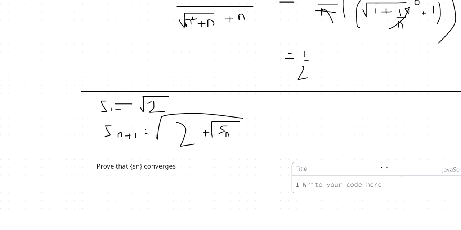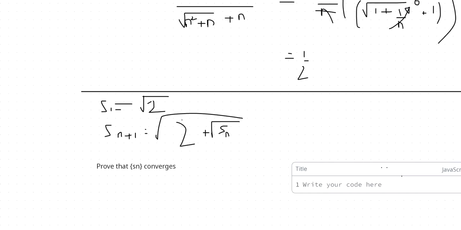So this inequality, that is 2 plus root of Sn is greater than or equal to Sn square, holds true when Sn belongs to the interval root 2 to 2. So indeed, Sn plus 1 is increasing.